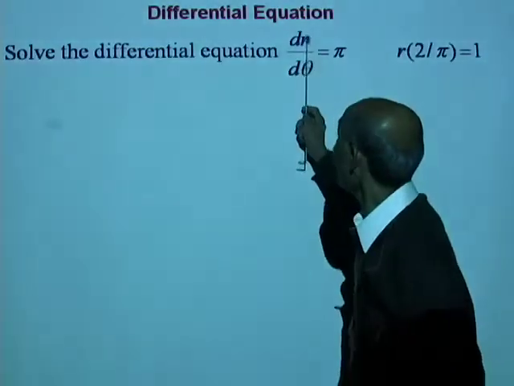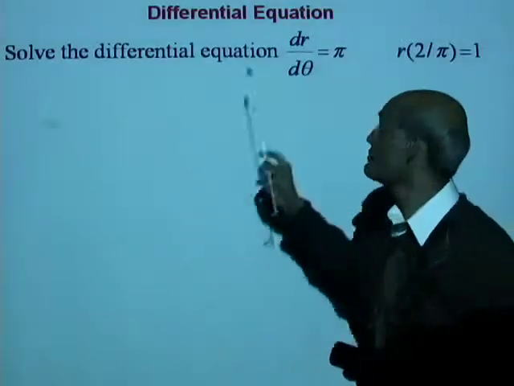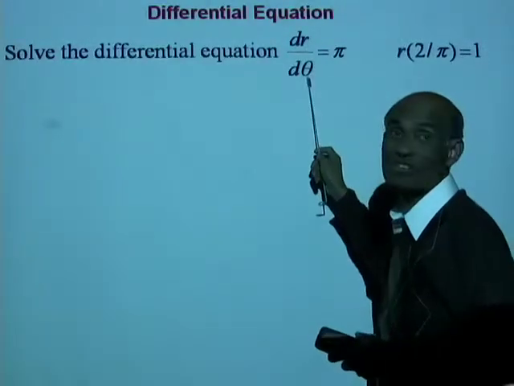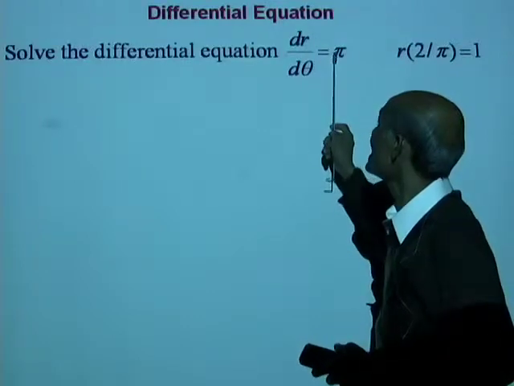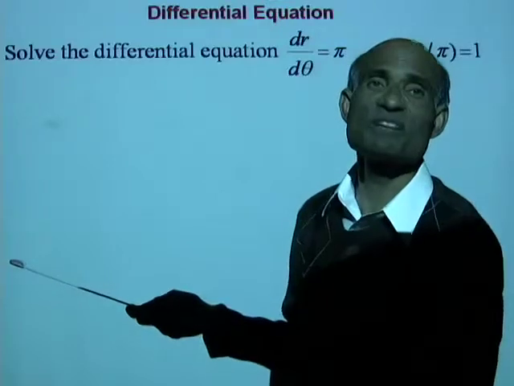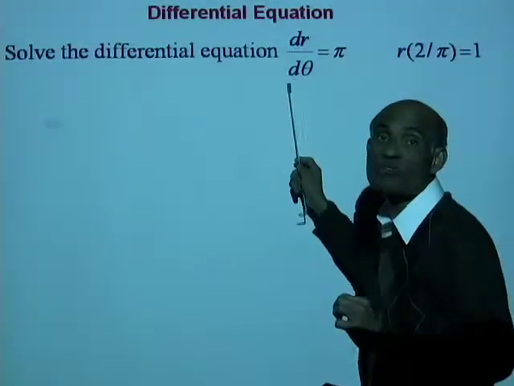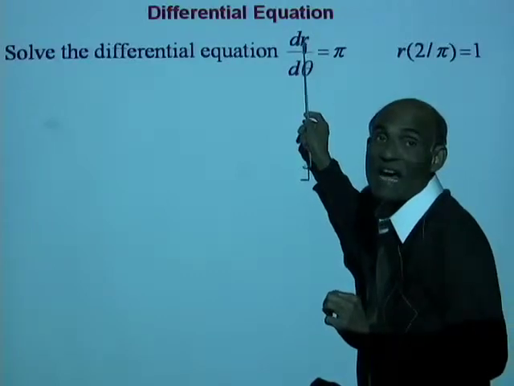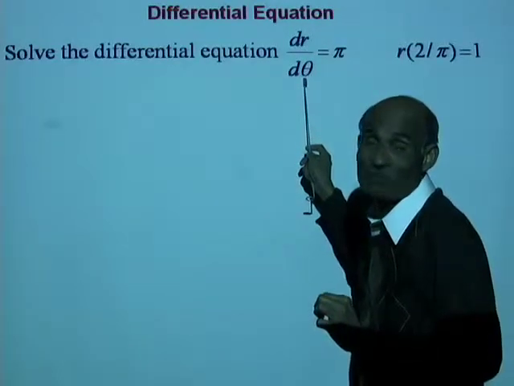So here, r is the dependent variable, which is the function. We say r is a function of theta. And dr by d theta equal to pi. This is a differential equation. Why is it a differential equation? Because it contains the derivative of a function with respect to its independent variable.